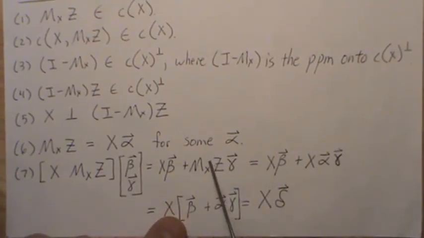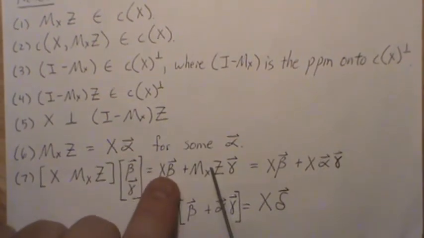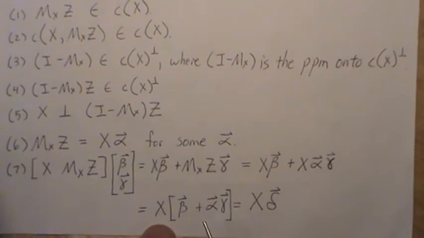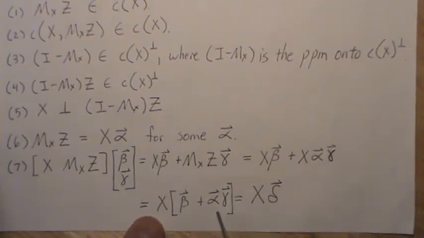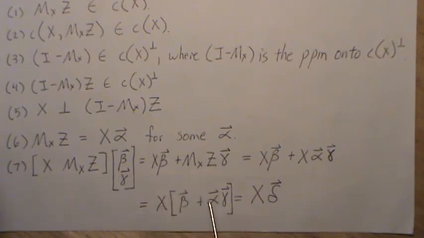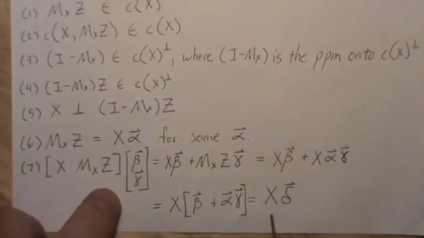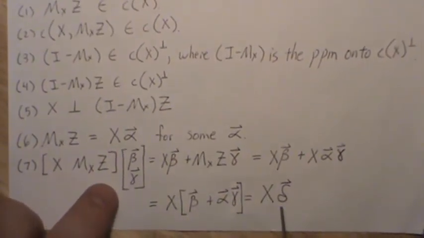But this can be thought of as X alpha, so we can replace it, and then we can left factor out an X. What we have in here are all unknown parameters. We don't know them, so when we add them, we still get a vector of unknown parameters. Let's just call that delta. So the column space here can be thought of as X delta.